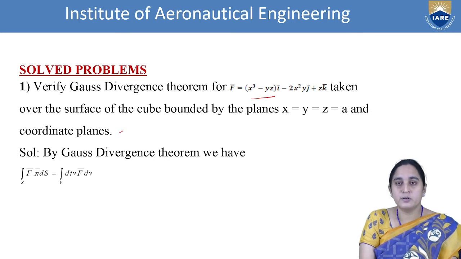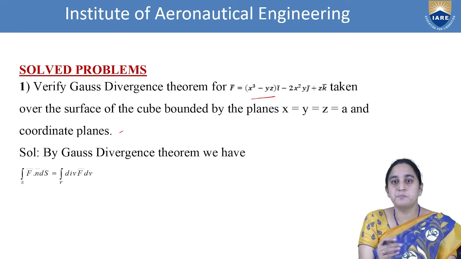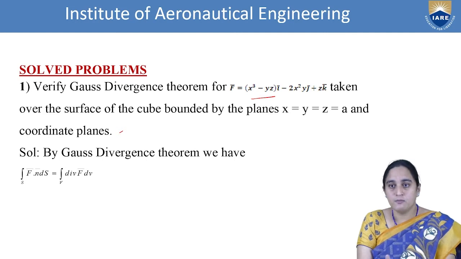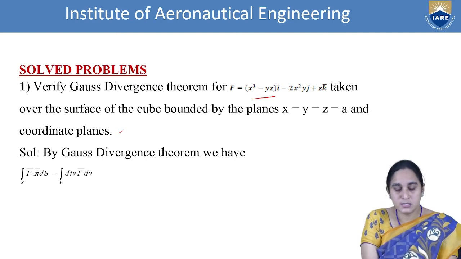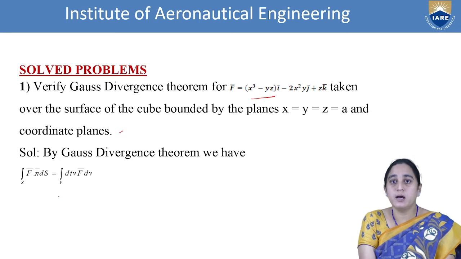Already we know what the Gauss Divergence Theorem is. It is mainly used for the transformation between volume to surface or surface to volume, right? Now what is the statement? The integral over S of f bar dot n bar ds is equal to the integral over V of divergence of f bar dv.